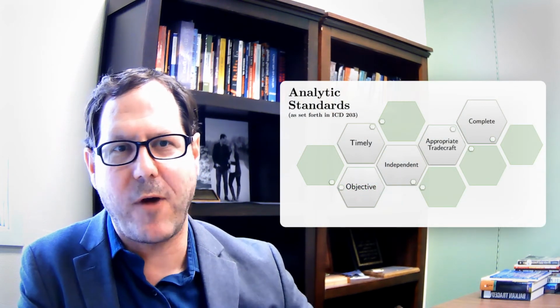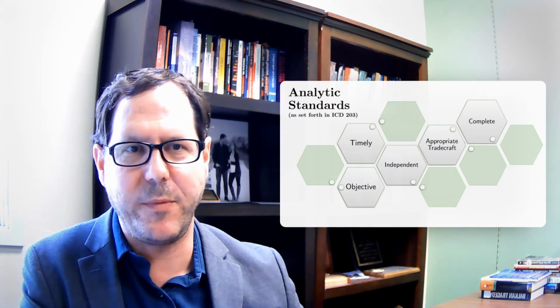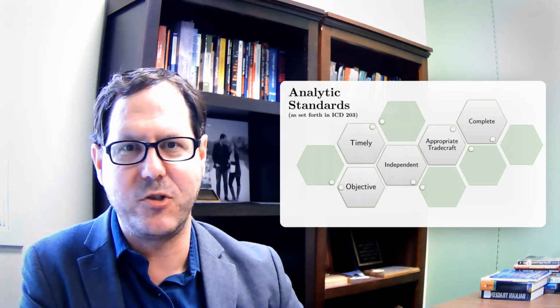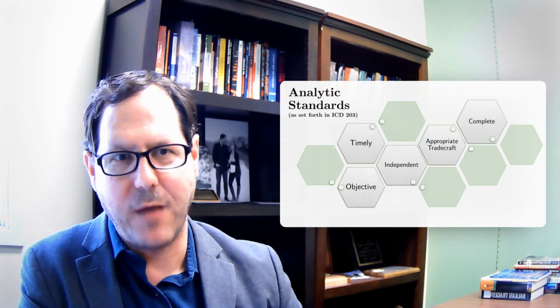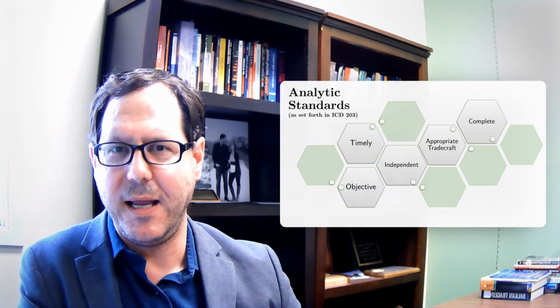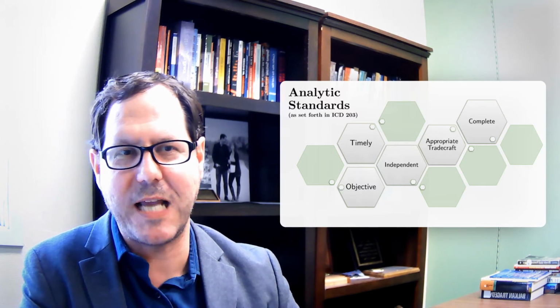So just a quick refresher, Intelligence Community Directive 203 sets out standards for the entire intelligence community, suggesting that what analysts produce should be timely, right, useful to consumers because it reaches them in the time frame they need, objective, right, not riddled through with bias, but we're trying to manage and control that bias, independent of political considerations, right? So you shouldn't be bringing your own political views to the table.